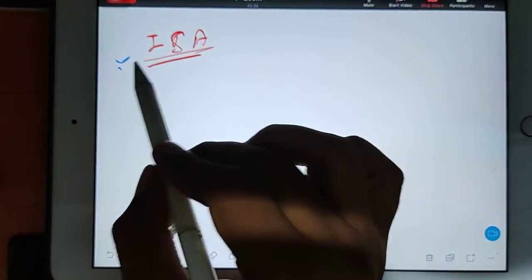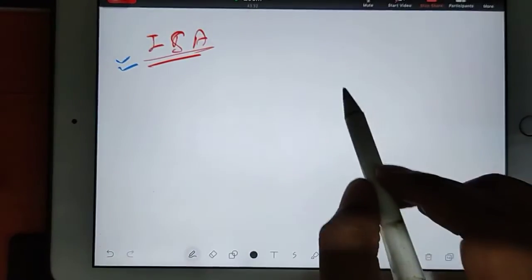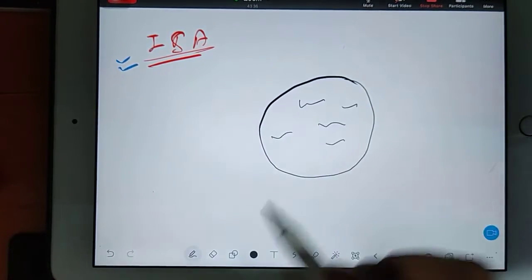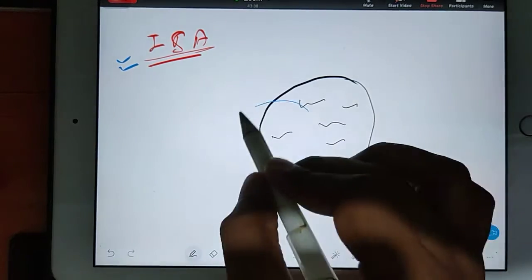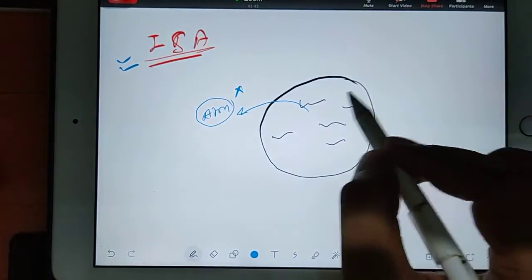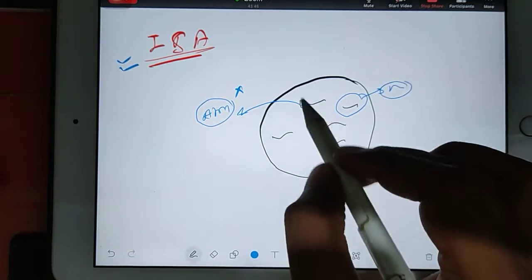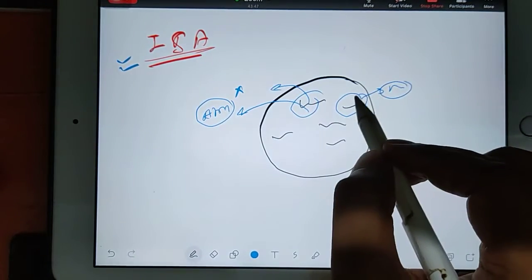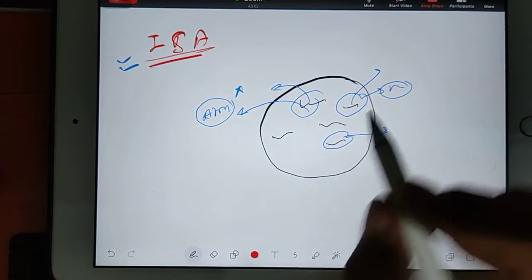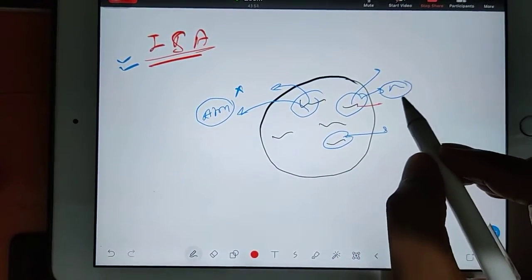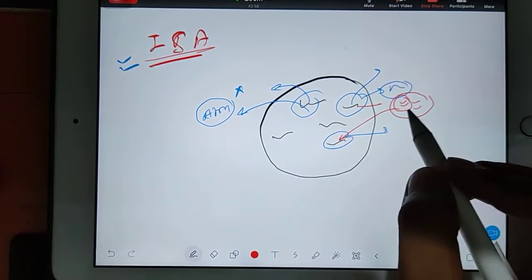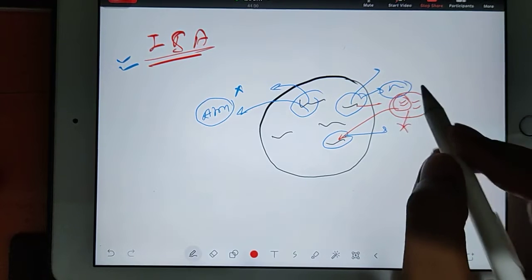So what is this? See, when you talk about the entire globe, we have several countries, and the atmosphere is not the same above every country. Like the atmosphere over America is something else, over London something else, over India something else. If you design any aircraft according to the atmosphere of India, then it will be suitable only in India.